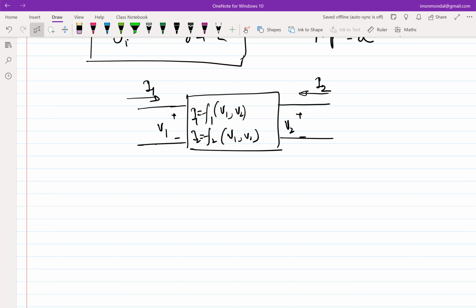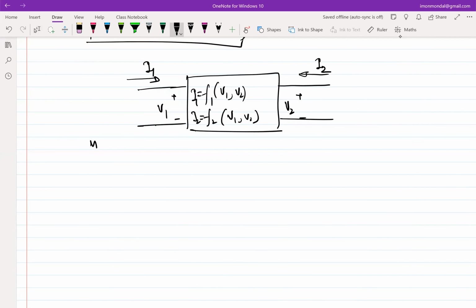So essentially, you can have 4 plots. One with respect to V1, while you are varying V1, plotting I1, while keeping V2 the same. And then you vary V2, plot I1 while keeping V1 the same, and so on, right? So you have 4 different plots, and that's where you get the 4 different Y parameters. So in order to find Y11, which plot should I be focusing on?